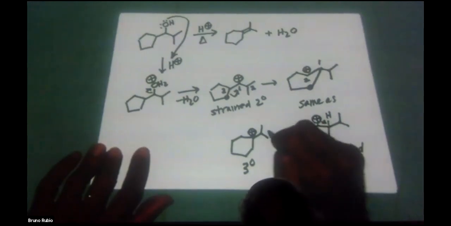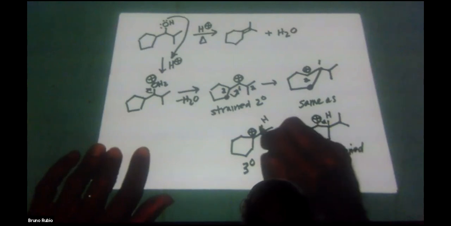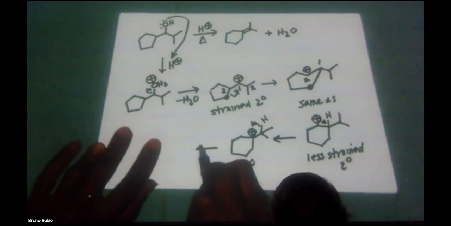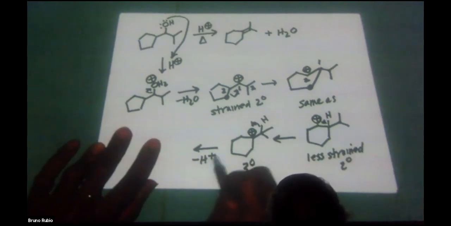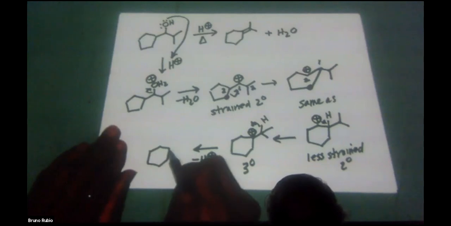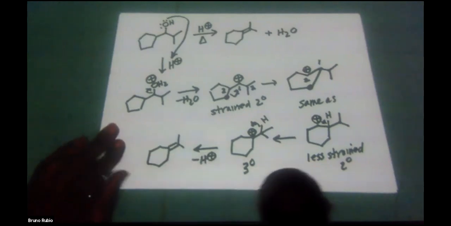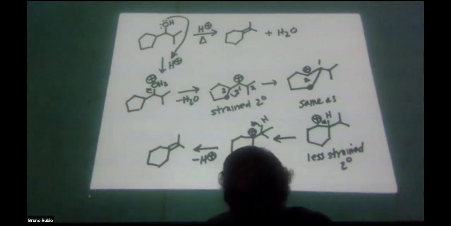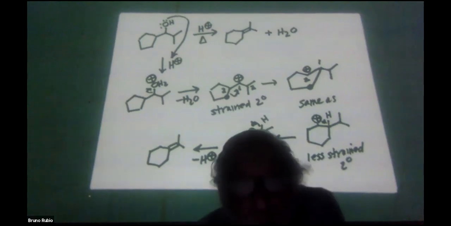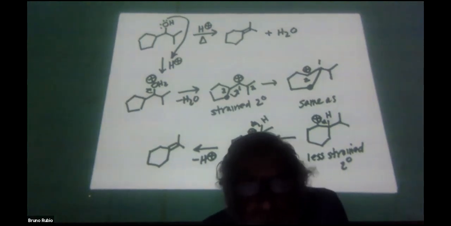Now the last step is going to be the deprotonation of H plus to put that double bond between the 6-membered ring and the fishtail. And that's our mechanism.